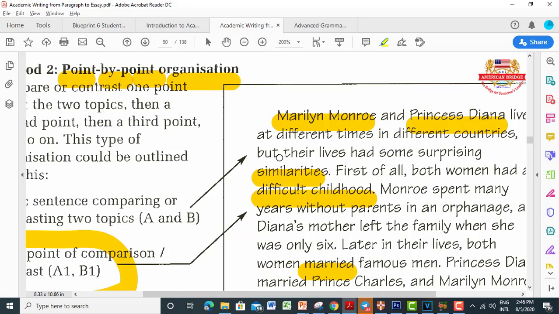What is the difference between block organization in this comparison paragraph and point by point organization?